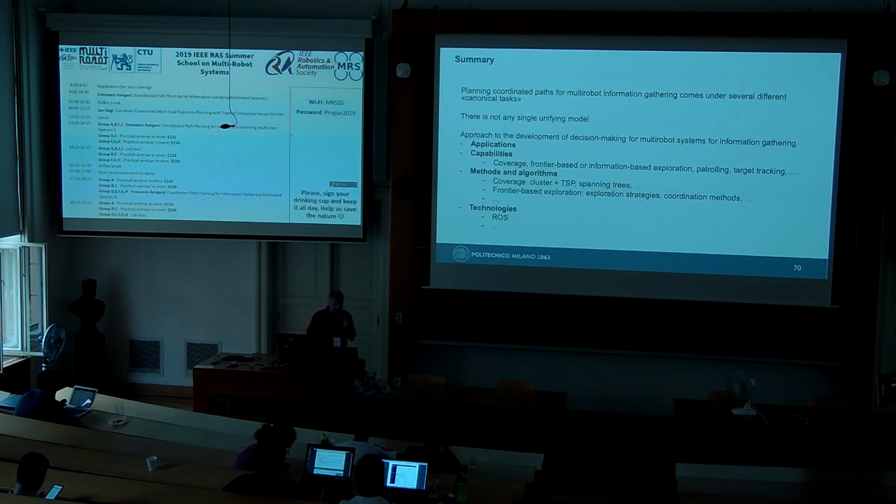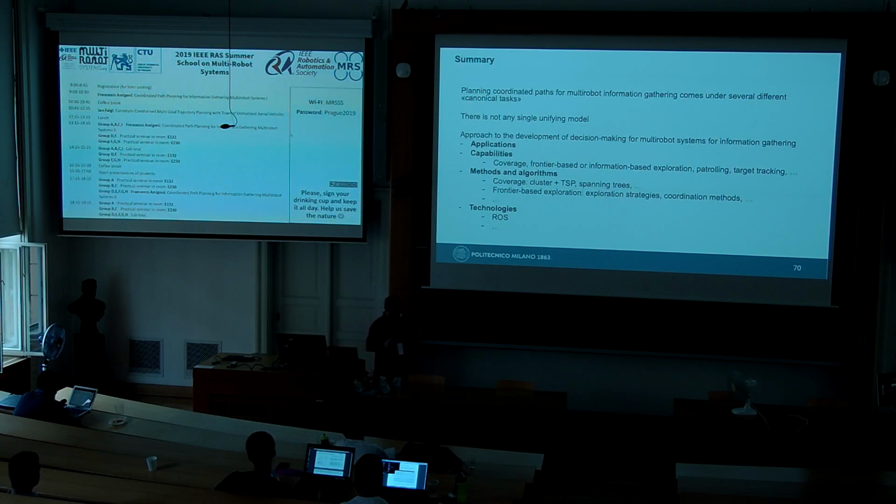So, the problem of planning coordinated paths for multi-robot systems employed in information gathering tasks can be formulated, and I think that this is clear from this discussion, under different canonical tasks.